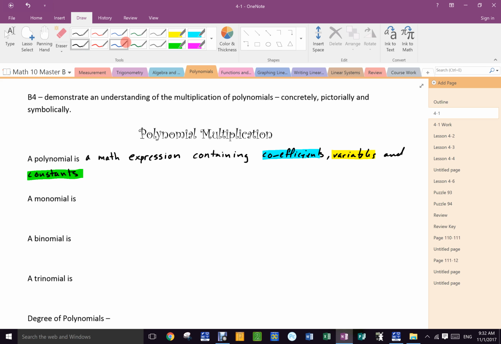So I'm going to write out a polynomial. And I'm going to use the same colors to highlight what in that polynomial is what, just to remind you. So what in that polynomial is a coefficient? 3.